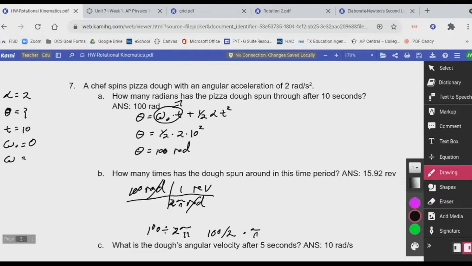If you're going to put it all as one expression in your calculator, use parentheses. You have to bracket it off. I'll type it in mine: 100 divided by 2, enter, divided by pi, enter. You just need to make sure it divides by pi. That keeps you from messing up. Once we do the math correctly, we should get their answer of 15.92, and our remaining unit is revolutions.